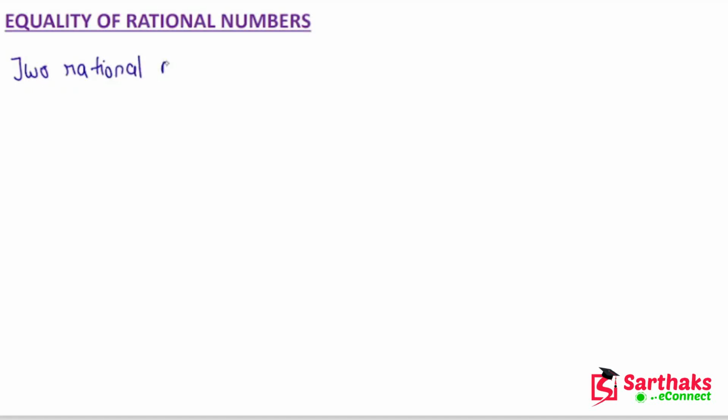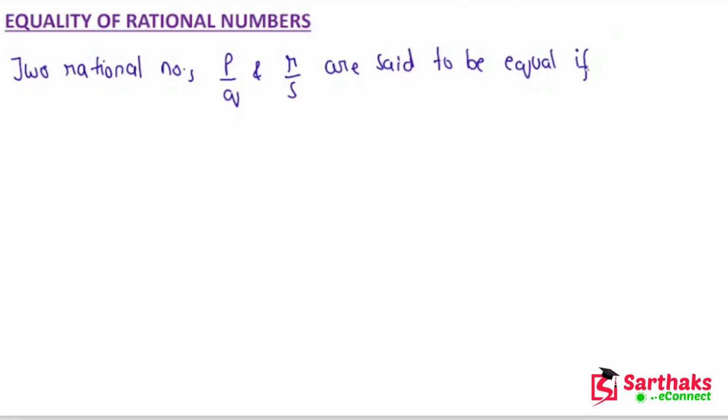Two rational numbers P upon Q and R upon S are said to be equal if P into S equals Q into R. Right.